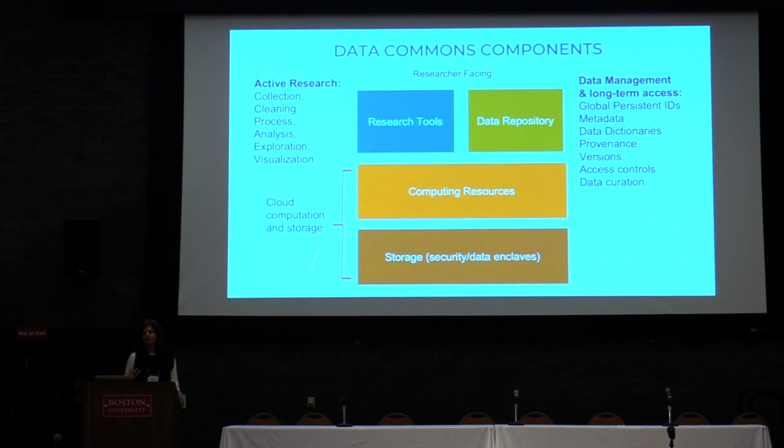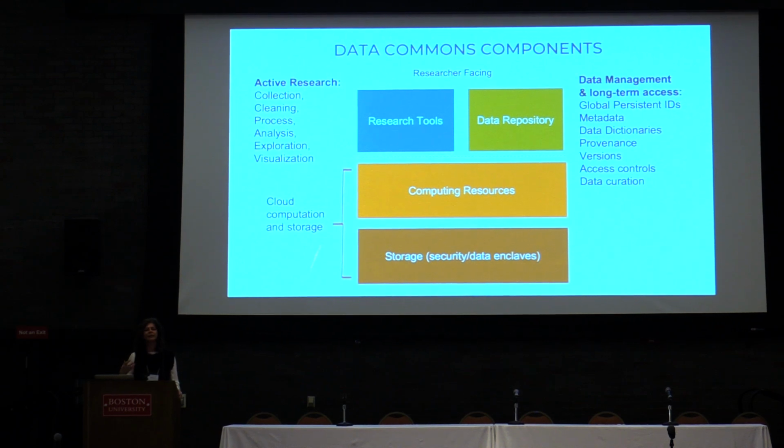But to do that correctly, you need a set of other services and tools that will facilitate that, like, for example, global persistent identifiers, and metadata that describes the data and makes it discoverable, so you know that data set exists and how to access it.